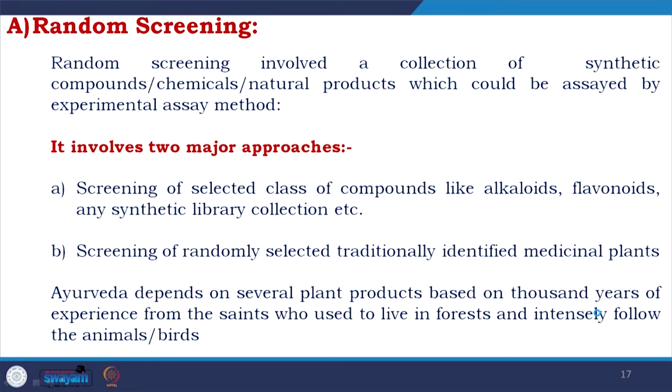So, what are the processes the animals apply when they have any problem? They experienced them, then they did some experimentation, and all those are passed from one generation to the next generation. That is the culture of Ayurveda.